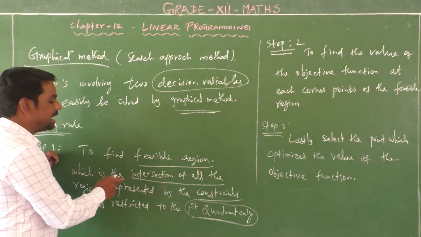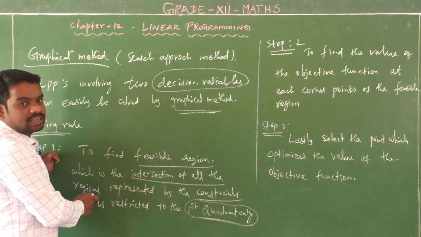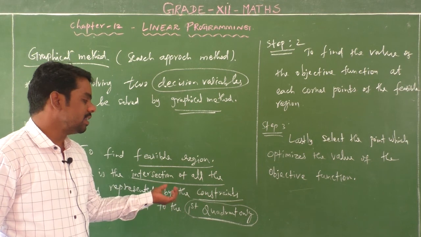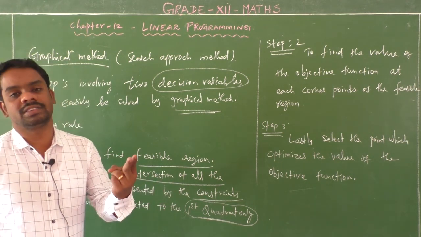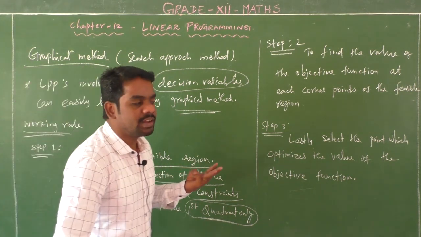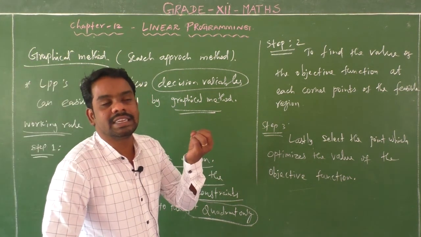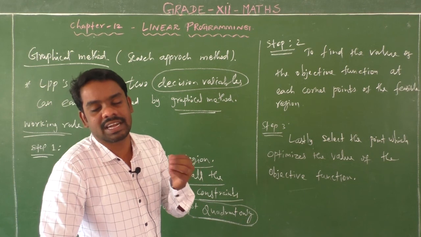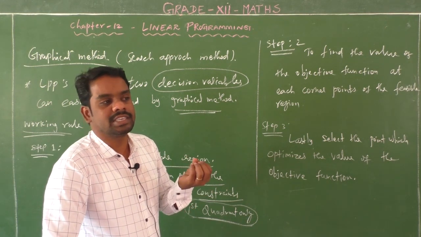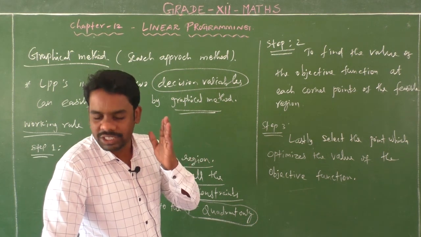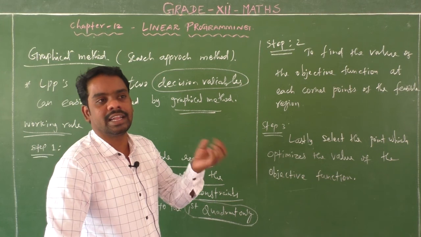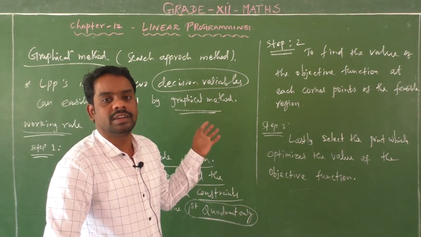If 2 constraints are given, we draw 2 lines; 3 constraints, 3 lines. Why lines? Because the given constraints are linear. Linear means power 1, so a linear equation represents a line. Any linear equation draws a line.